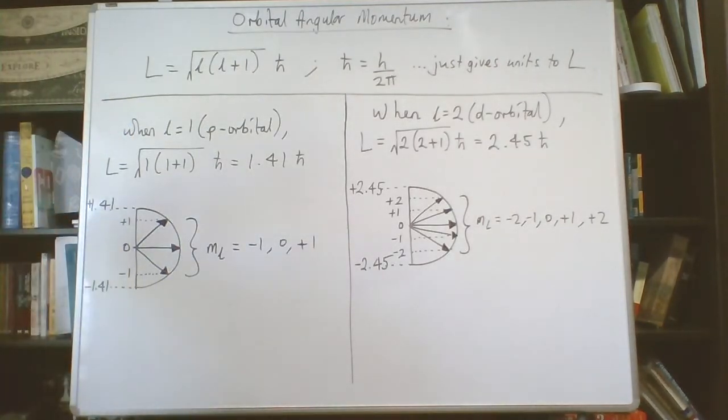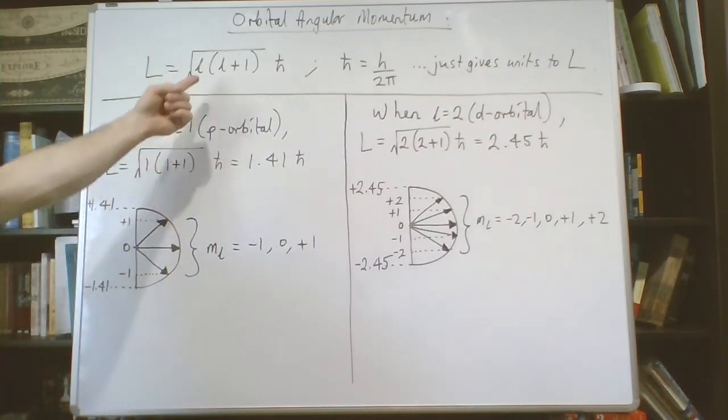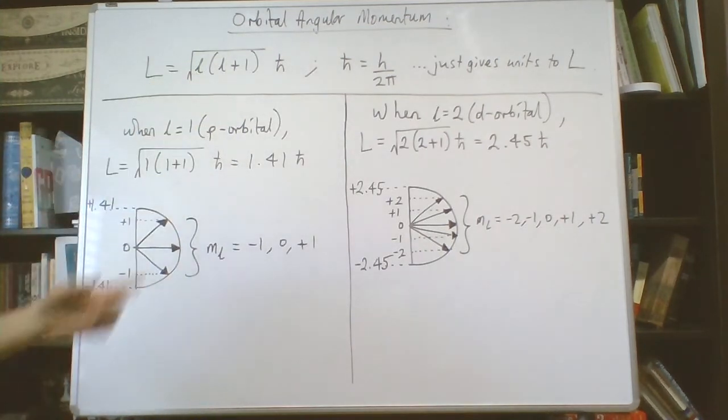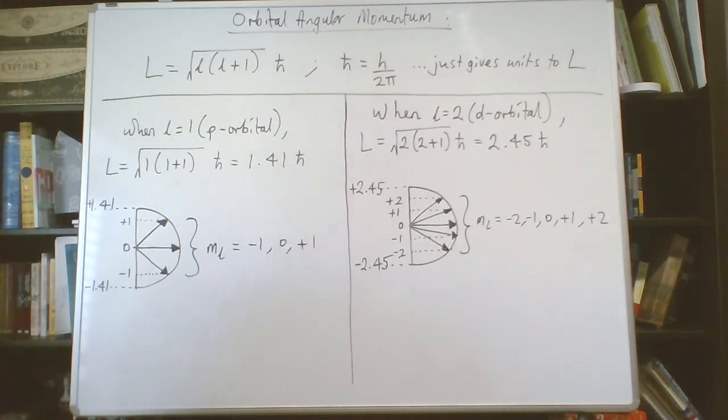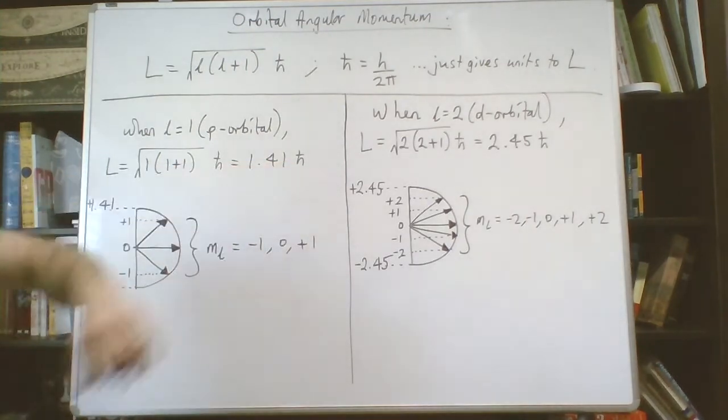If we consider l equals 1, so a p orbital, then we just put 1 into this equation, and we get a value of 1.41. I think in the previous slide I said it was 1, but if you plug it into a calculator, it's actually 1.41 multiples of h bar.